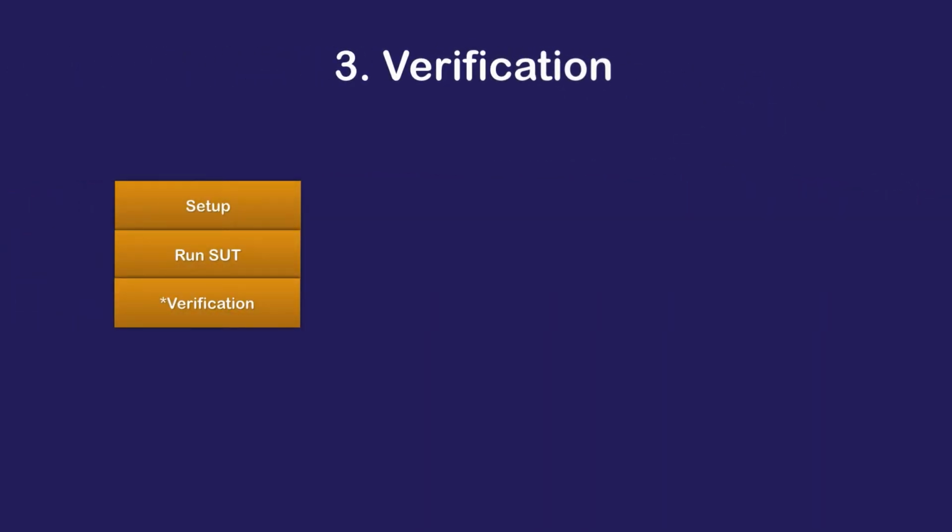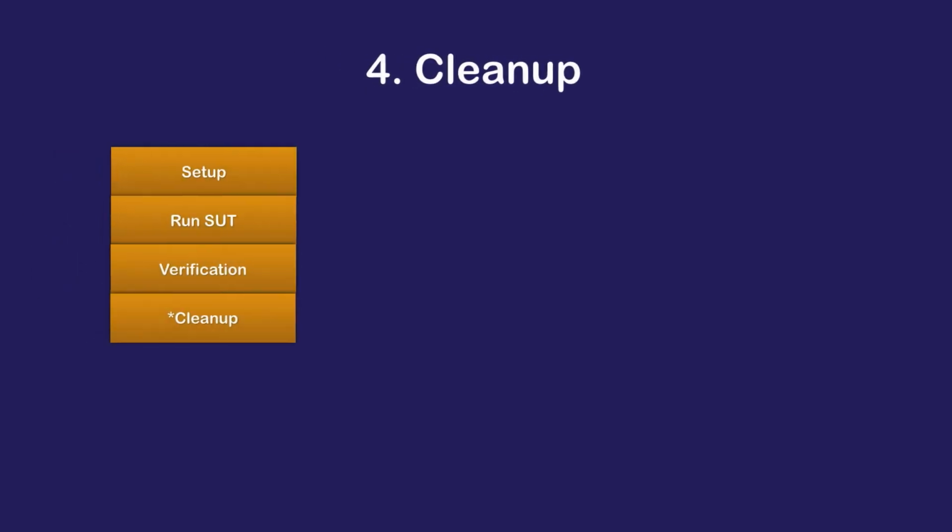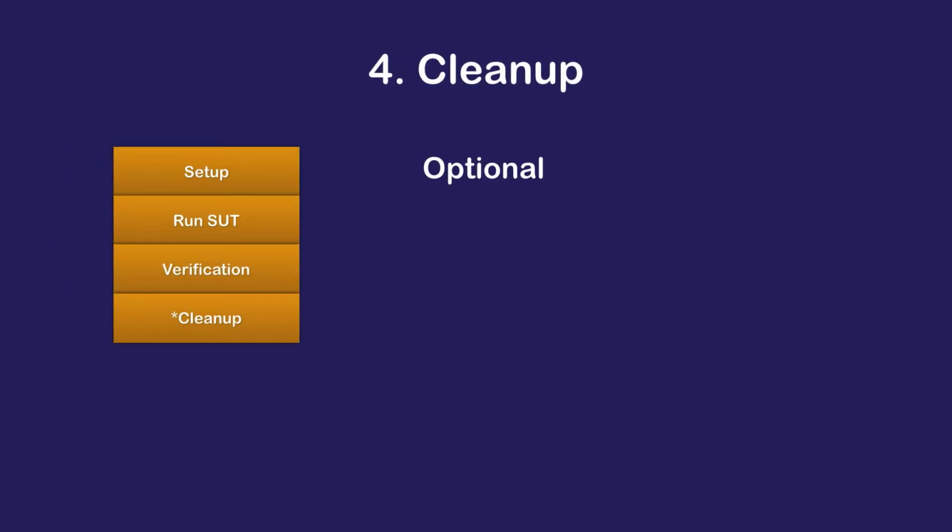This step verifies the result of running the SUT under test condition. This is a mandatory step. This step is commonly referred to as assert or verify outcome. The fourth and final step is called cleanup. This is an optional step and needed only when any cleanup is required after the test run. This step is commonly referred to as fixture teardown.